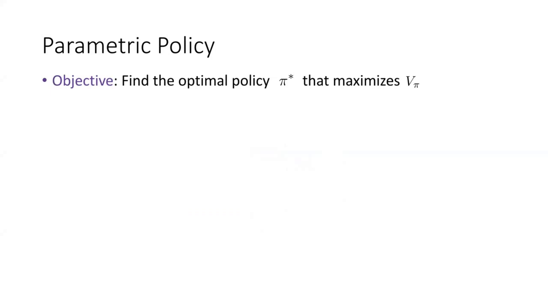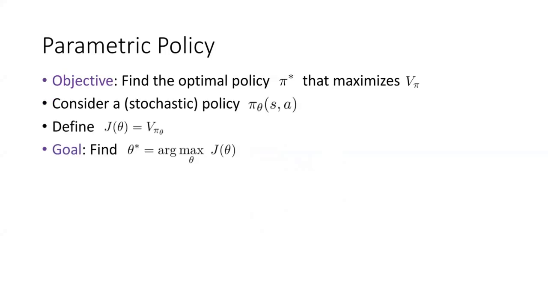Now, what is your objective? As before, you want to find the optimal policy pi star that maximizes V pi. So we are going to consider a policy parameterized by the neural network theta, pi theta of S, A. You can read this as the probability that you take an action A given that you are in state S.